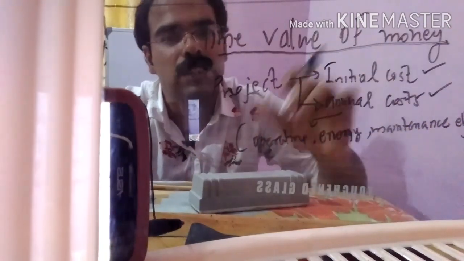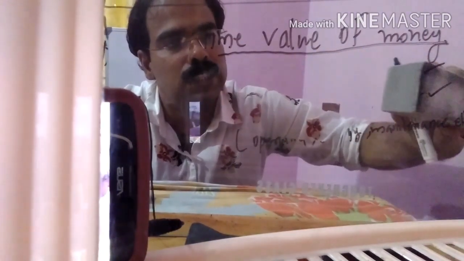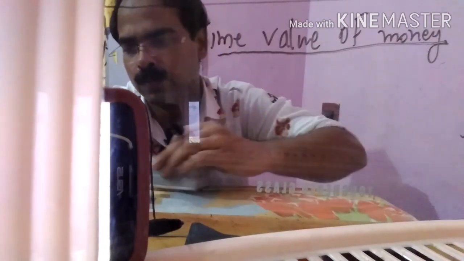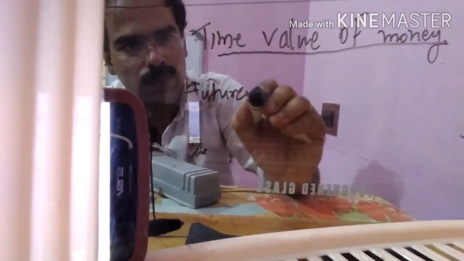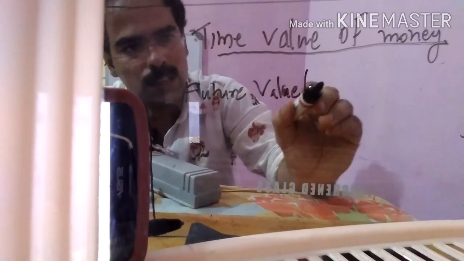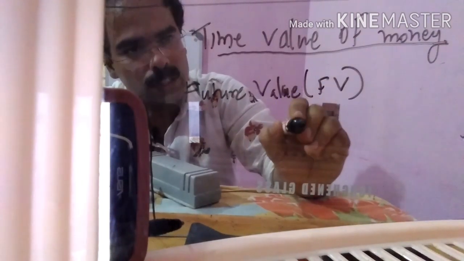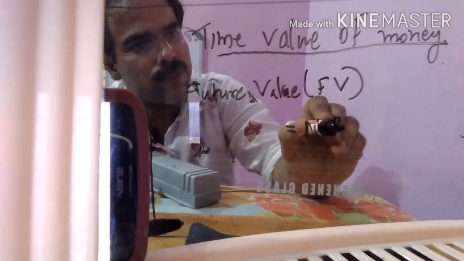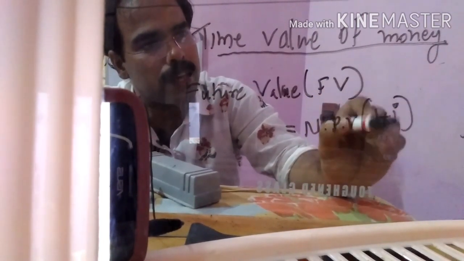That common basis we can explain with the help of an equation, which is what we need to discuss next. If we consider the future value as FV, we can equate it with the net present value NPV into (1 plus i) raised to n.